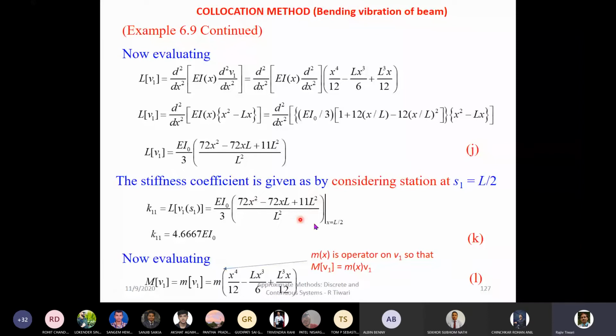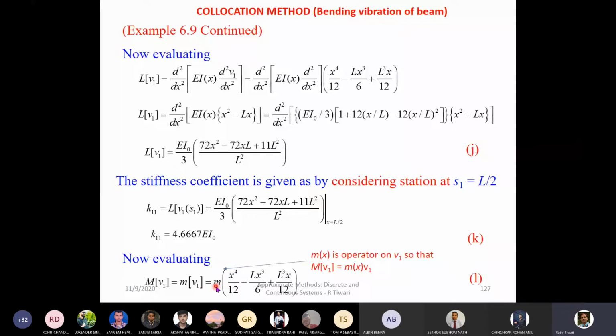If we put x equal to L by 2 wherever the x location is there, we get the stiffness. Similarly for the mass, the M operator acts on the function. I think M also should have the distribution here, because we have the distribution.